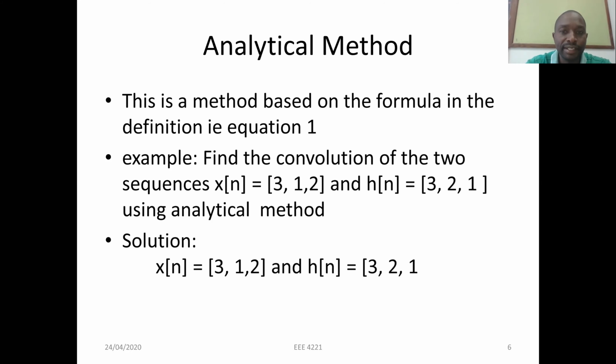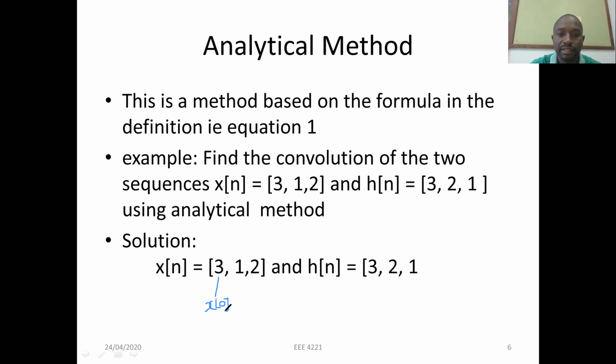To understand this method, let's do an example. Suppose we are to find the convolution of two signals, x of n equals 3, 1, and 2, and h of n equals 3, 2, and 1. In resolving this problem, you need to understand that in the sequence x of n, the 3 here is at position x of 0.